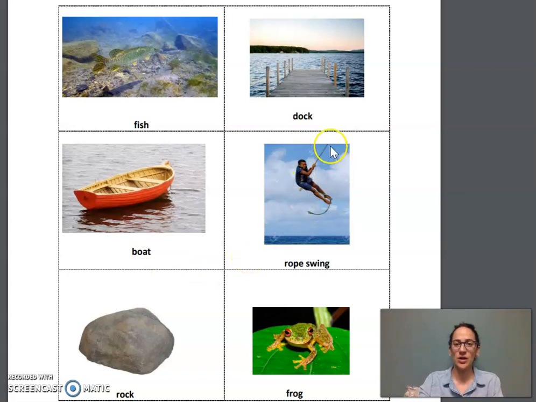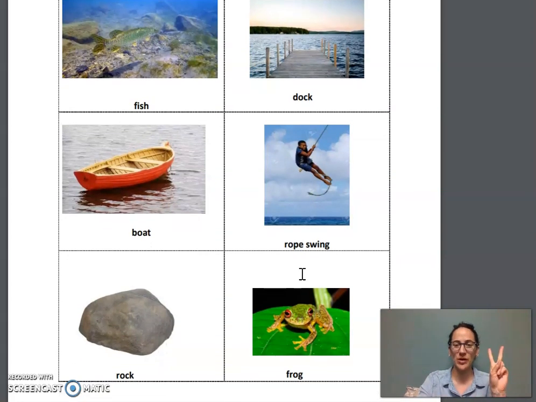Do you see the girl? She will hold on to a rope and swing. This is called a rope swing. Can you repeat after me? We'll do it in two parts. Rope, swing. Good. Now put it together. Rope swing. Yeah, I want to do a rope swing.